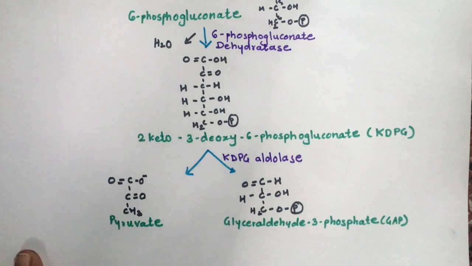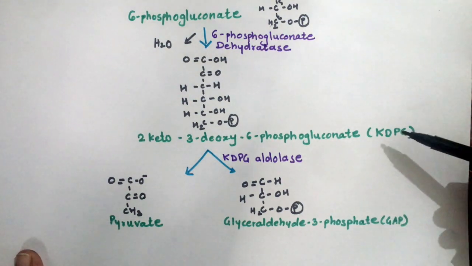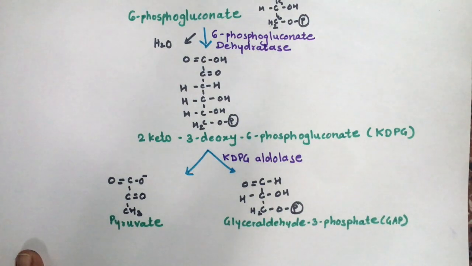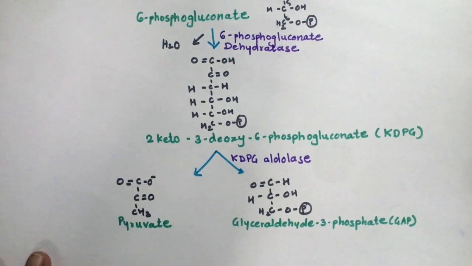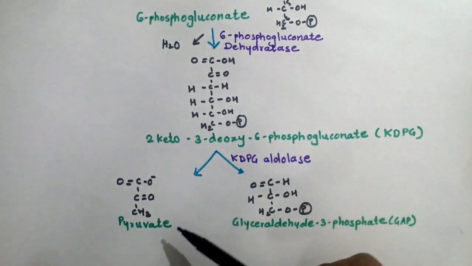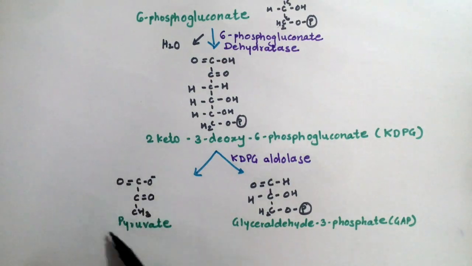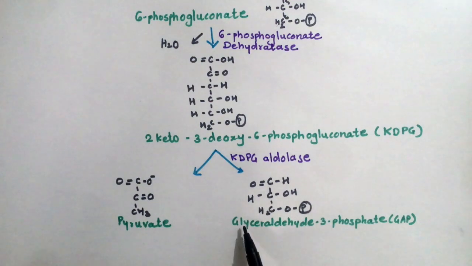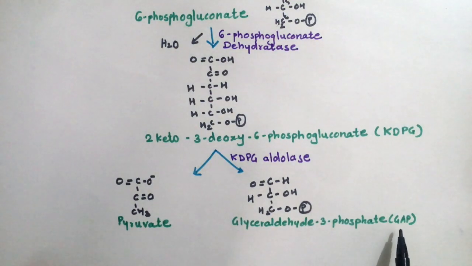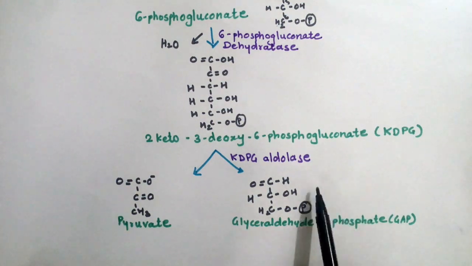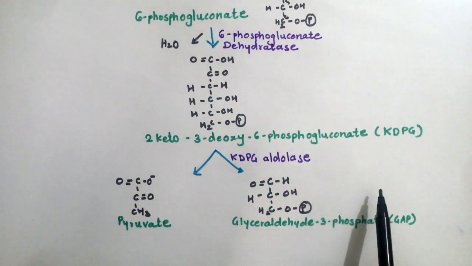In the next step, KDPG will be broken down to pyruvate and glyceraldehyde 3-phosphate. So pyruvate is one of the end products. So this ED pathway is going to end here with one of the products, and the other product, glyceraldehyde 3-phosphate, will now enter into all the pathways that are there in glycolysis.